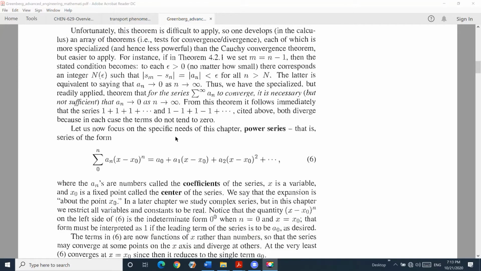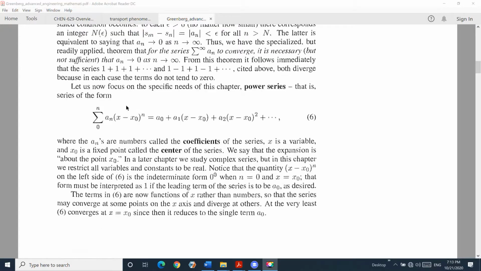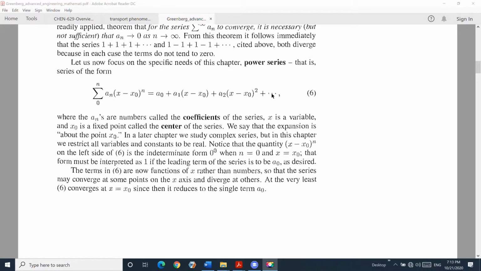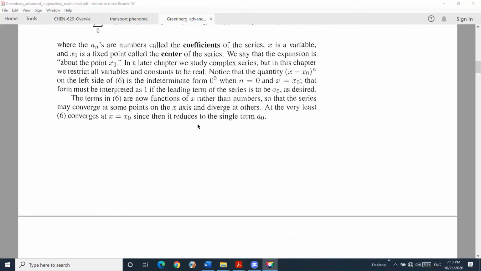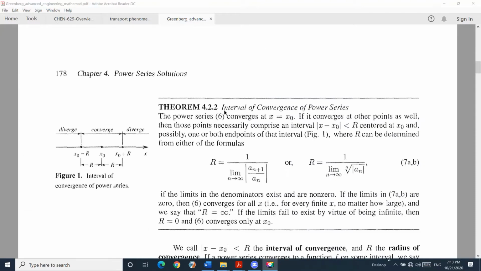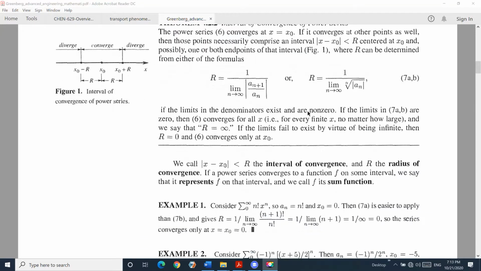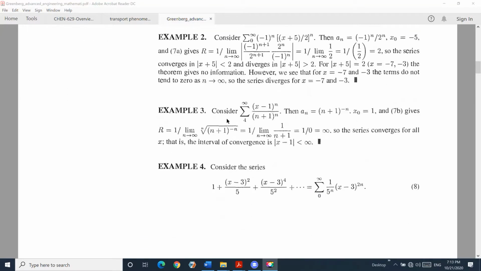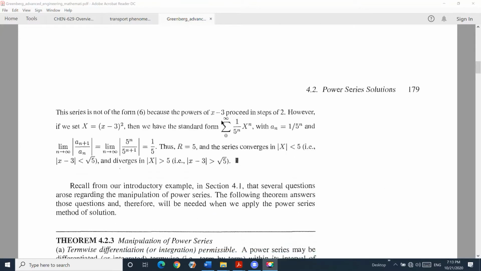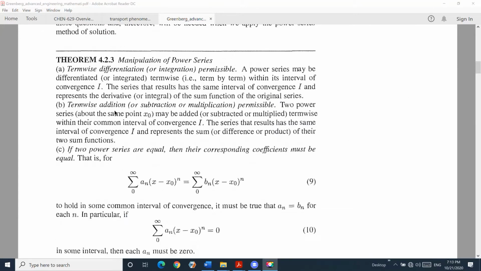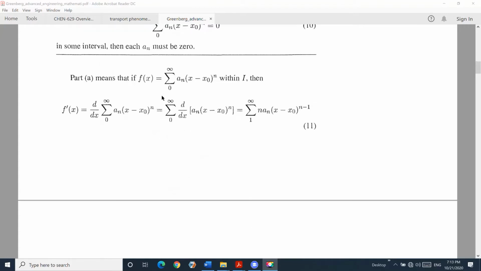Then it focuses on the specific needs for this chapter, power series, and defines the power series and so on, and gives the theorem of interval of convergence of the power series and some examples. Another theorem is the manipulation of power series, and so on.